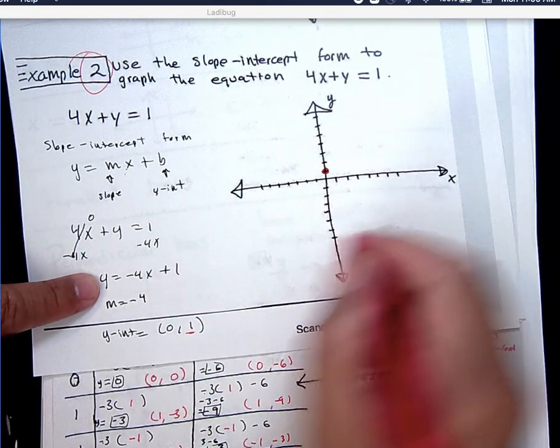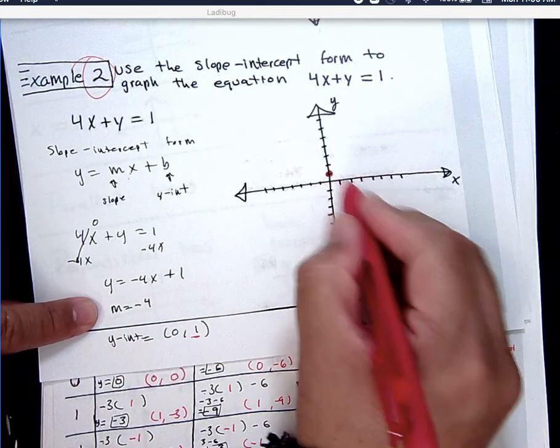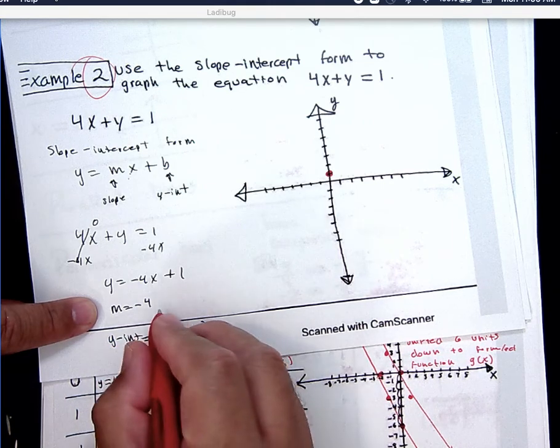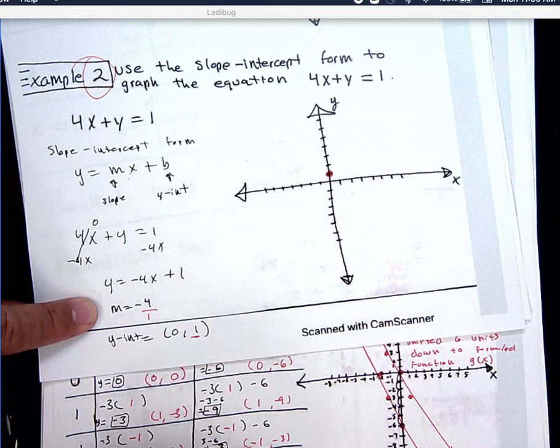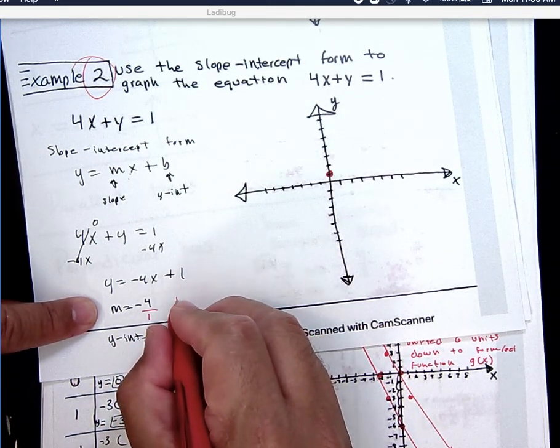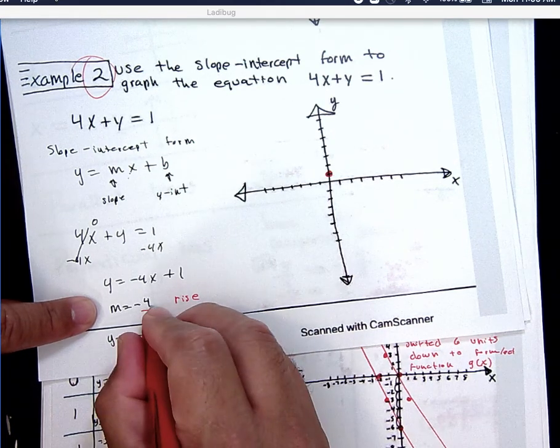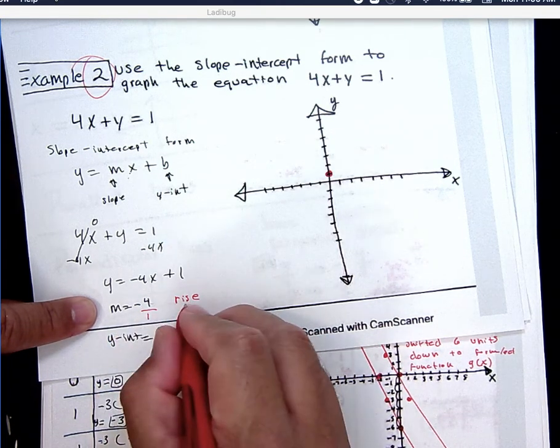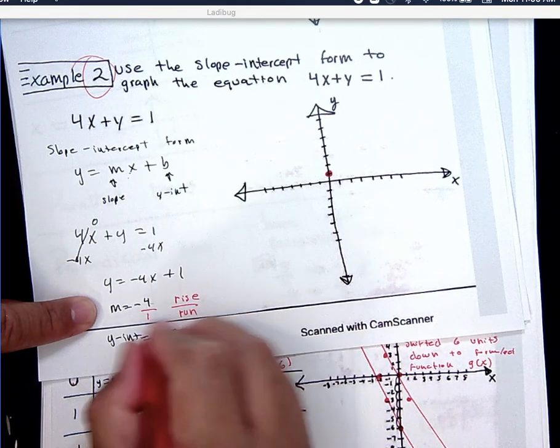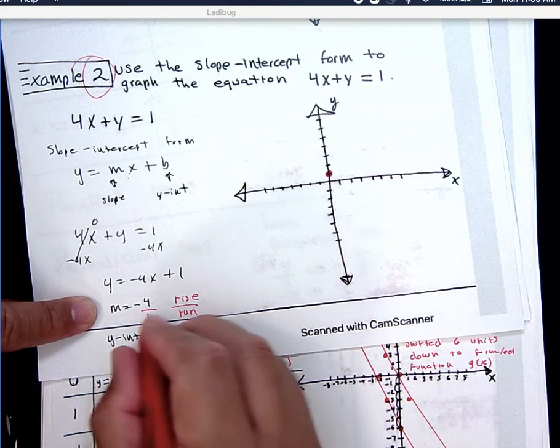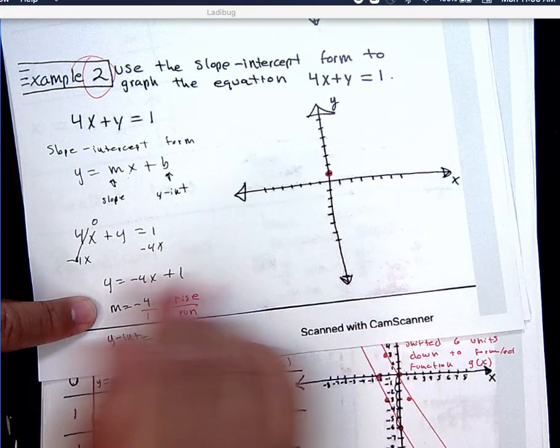So how do you find the other dots here? You're going to use the slope. So there's a 1 here on the slope. And if you guys remember, the rise is the number on the top, and the run is the number on the bottom. So run means the x, moving left or right.